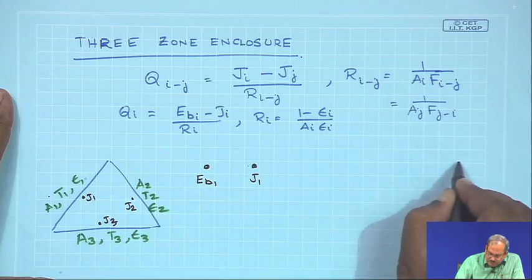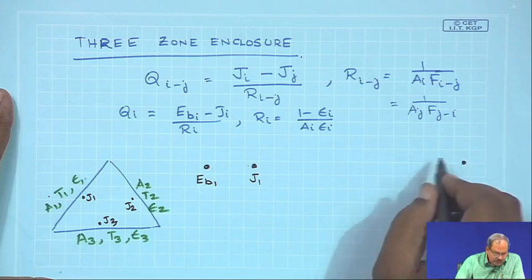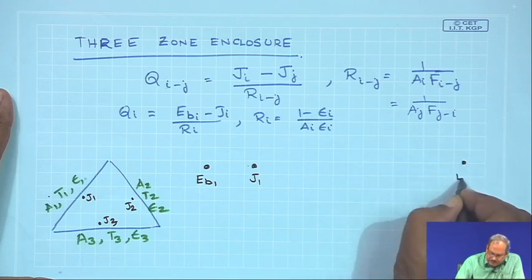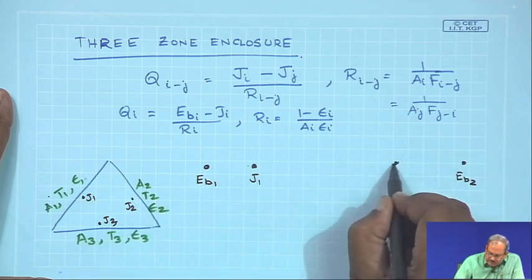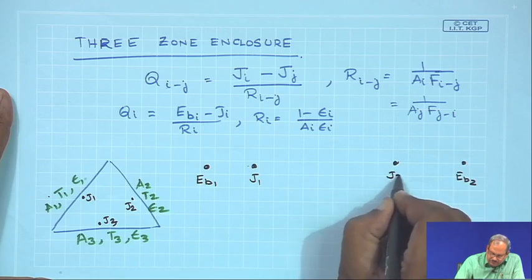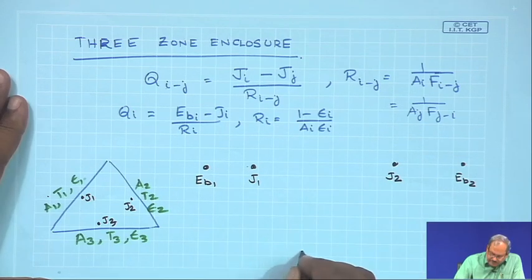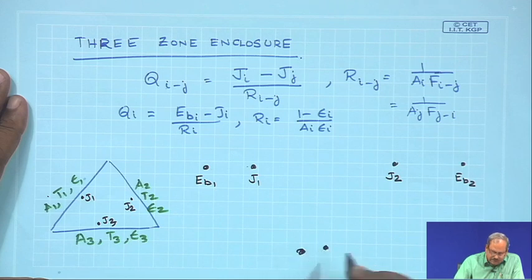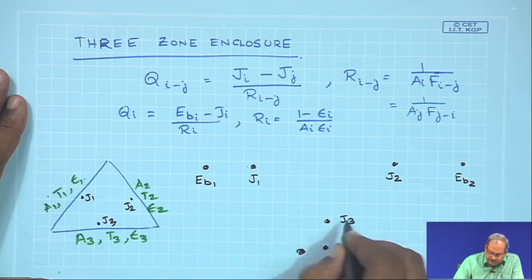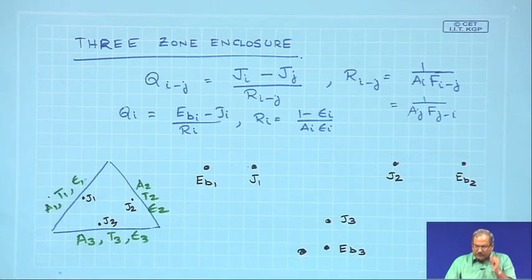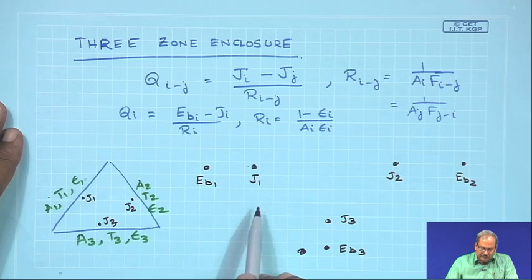On the other hand, over here I have this as EB2, which is this surface, it is connected to J2. In here I have EB3 with the radiative potential being J3. So, these are the 3 points or the 6 points that I have done.